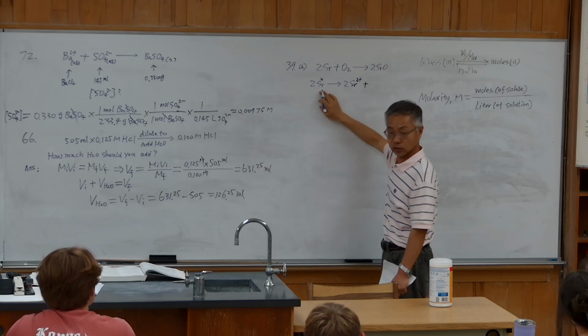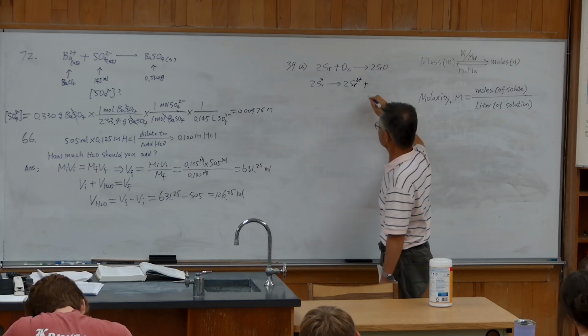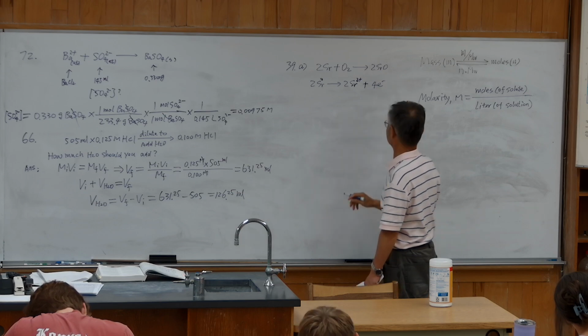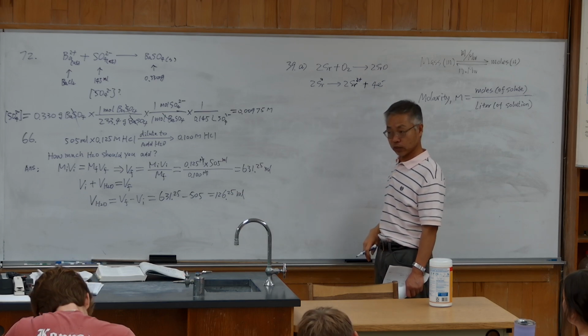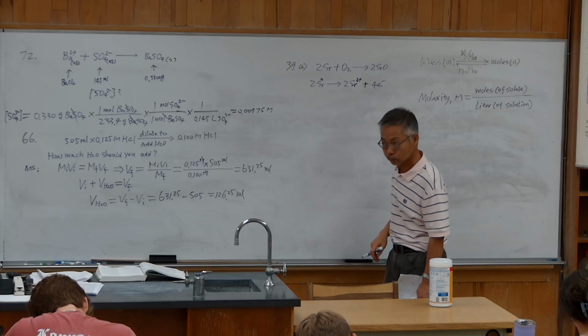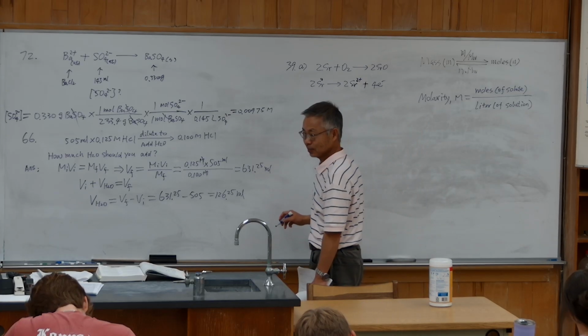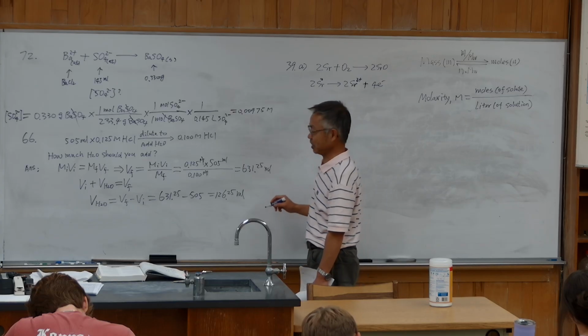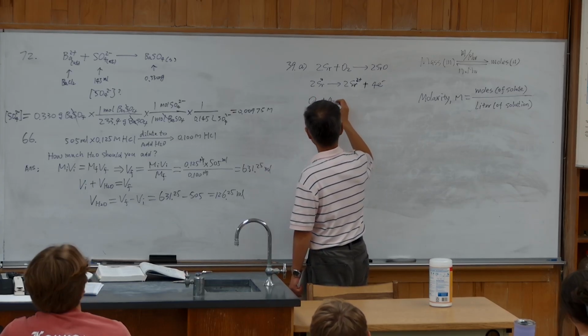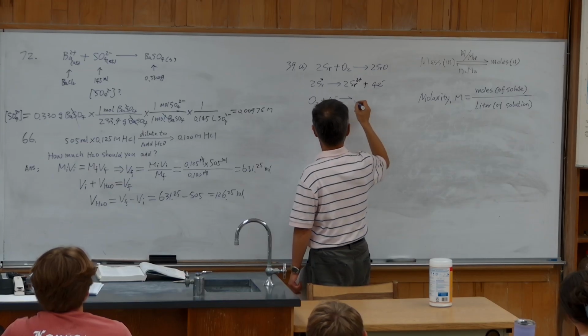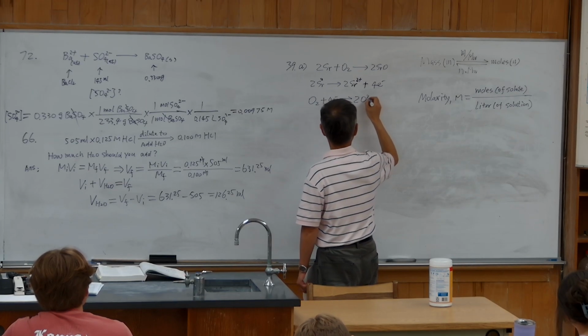Then 2 strontium lost 4 electrons. And where do these 4 electrons go? Gained by oxygen, right? So molecular oxygen gains 4 electrons and becomes oxide.